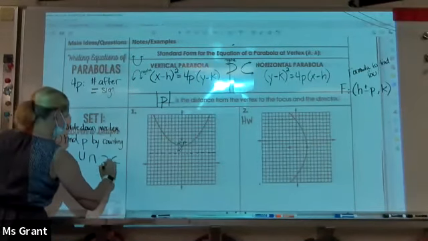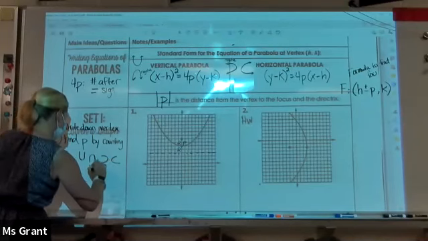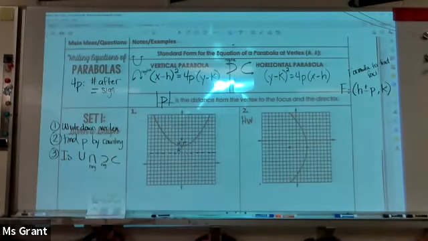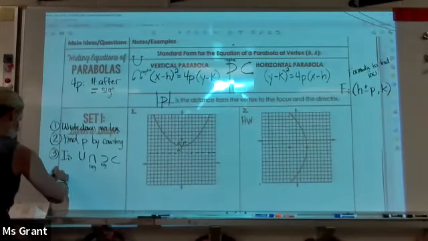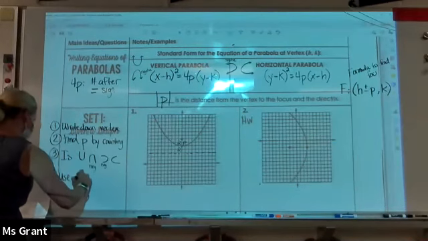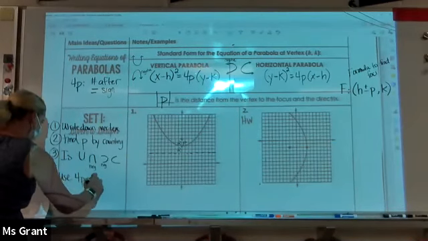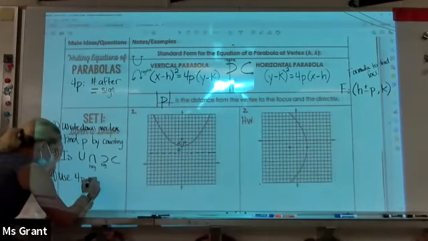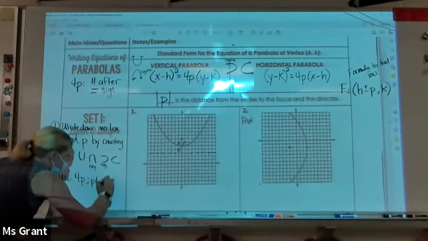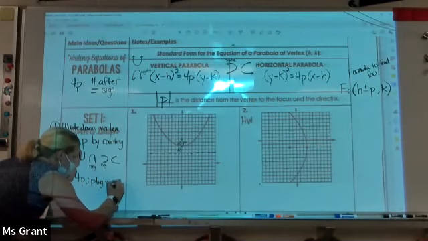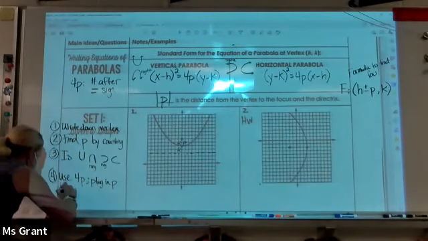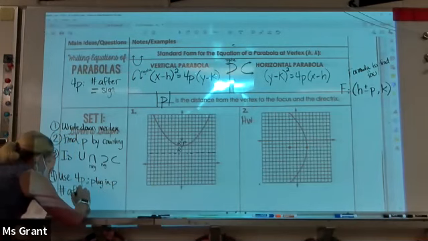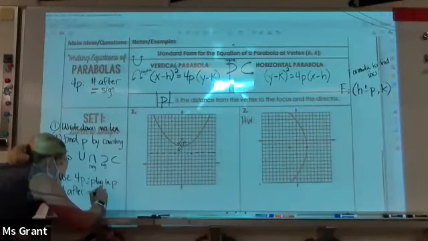Remember, this is the negative. This is negative. Use the 4p. Plug in P, because I need to figure out what's the number after the equal sign. This is the number after equal sign.